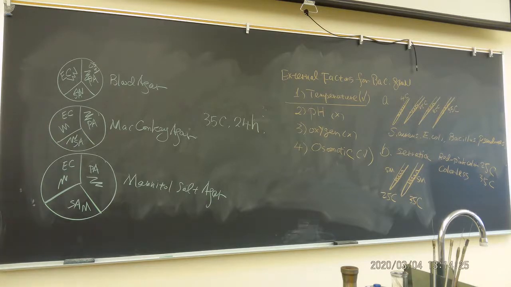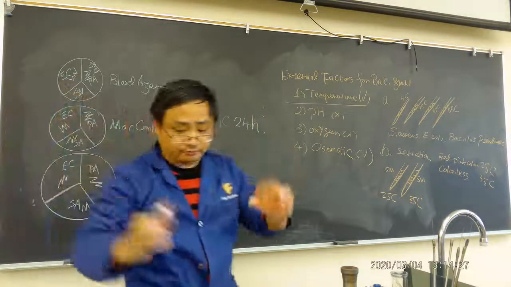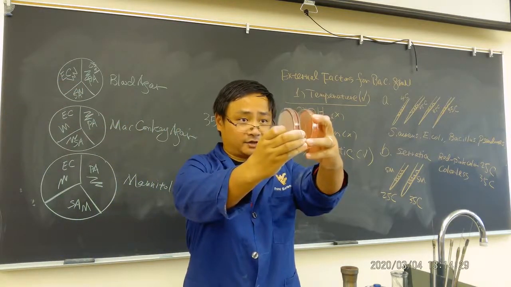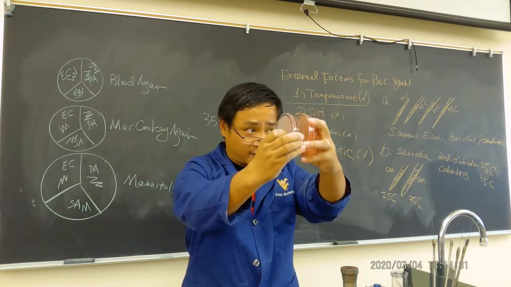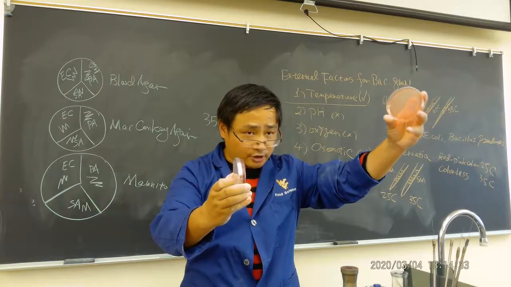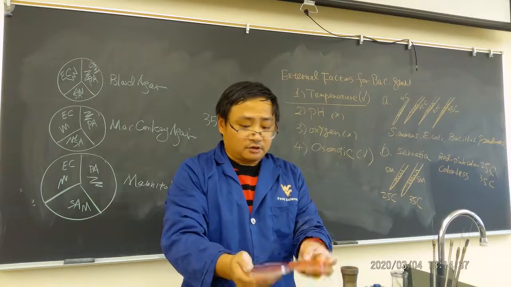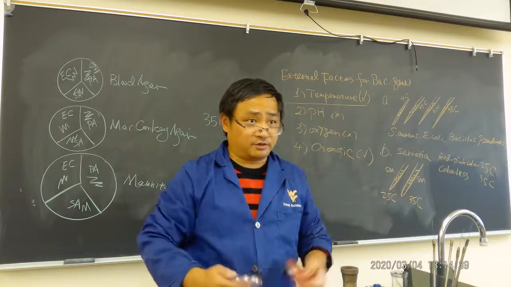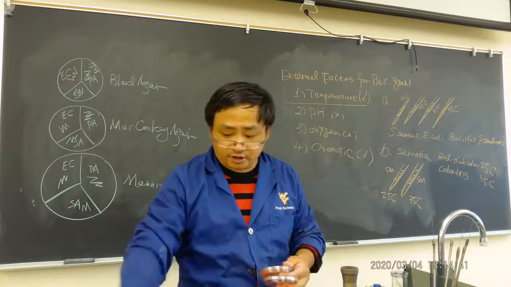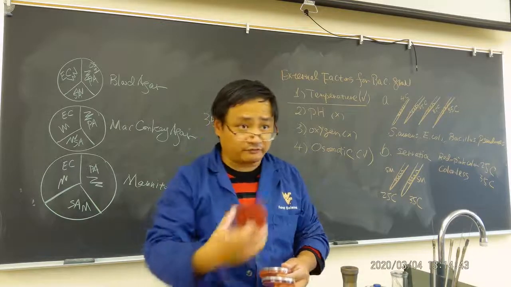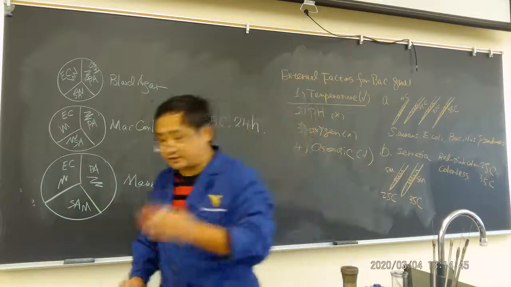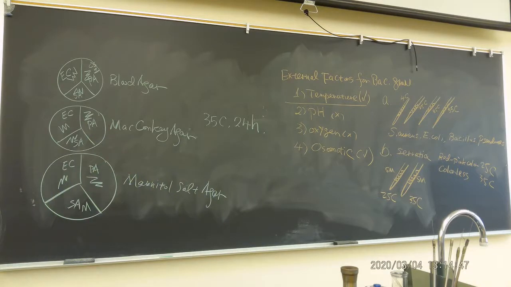So what you should do, hold it like this. You will see the edge very clearly. This is orange-red, this is purple. When you first see it, it looks very similar, so you may get confused. You're not going to confuse the blood agar because it's very red. Okay? So that's something I want to mention.